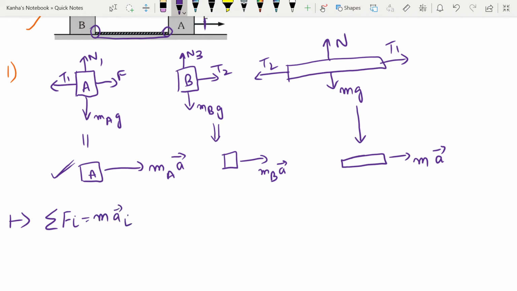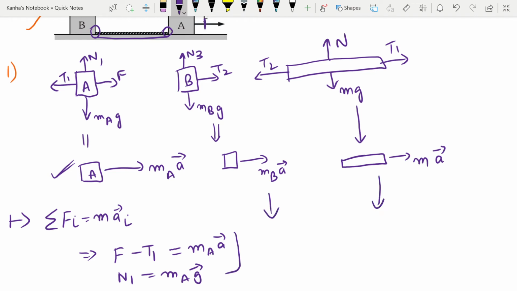That implies when I apply it to block A, I'll get my force minus T1 is equal to MA a, and my N1 is equal to MAg. Similarly you will get two equations for B, and similarly you will get two equations for C.